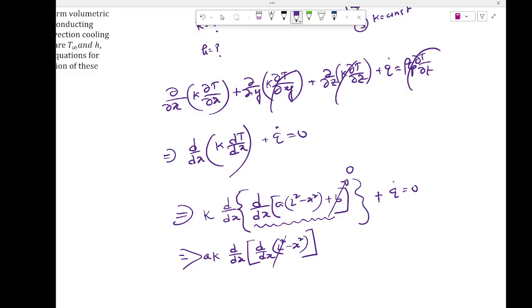This is constant as well, so it goes away as well. Then this is plus q dot equal to 0. Do you want me to solve any further, Matt, or are you good? You can solve it from here.